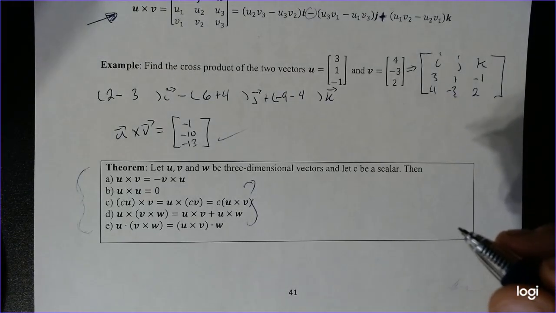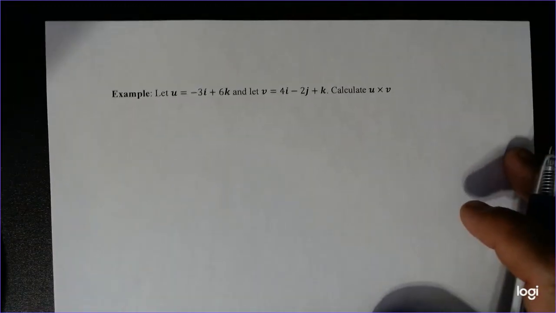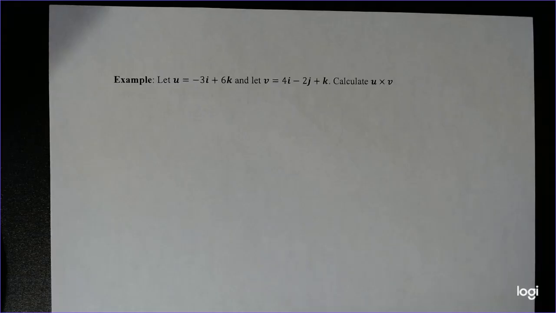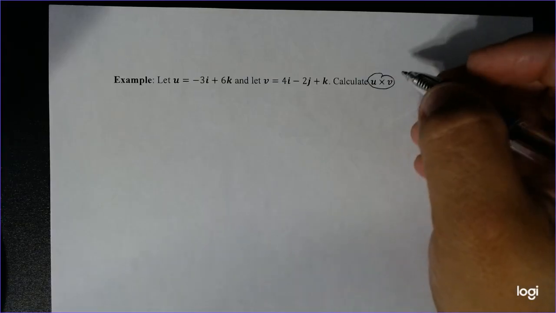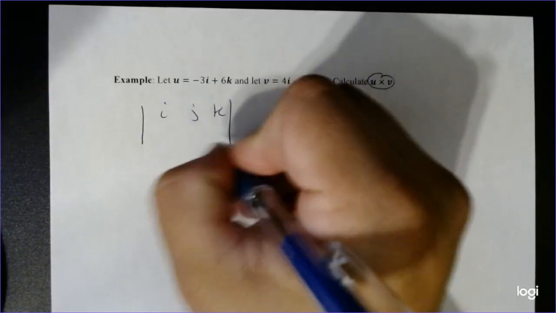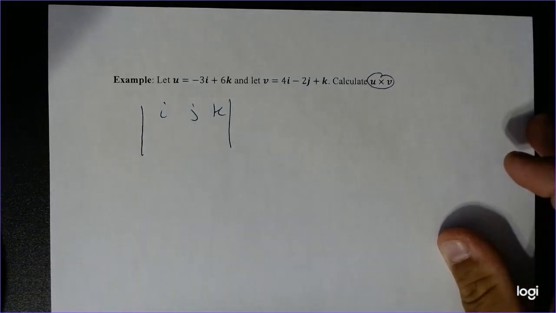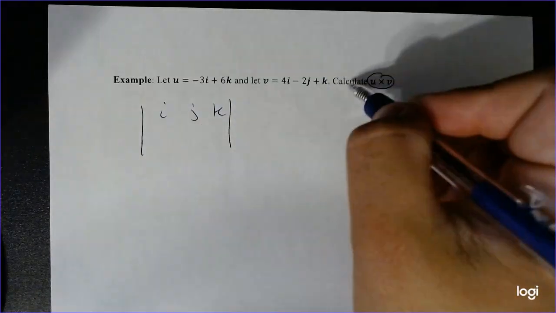So the nice thing is, I can ask you in a couple of ways now, based off what we're given in linear algebra. Let U be this vector, let V be this vector. Calculate the cross product of these two. If I do the same process, now if I do U first, just remember this is a bit of a trick question, right?